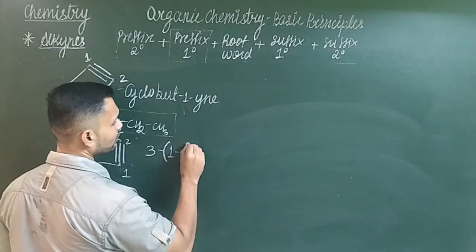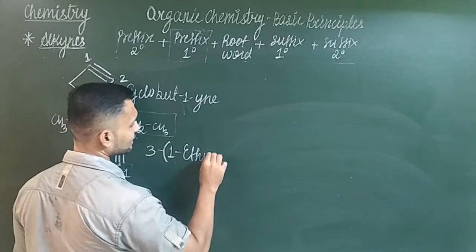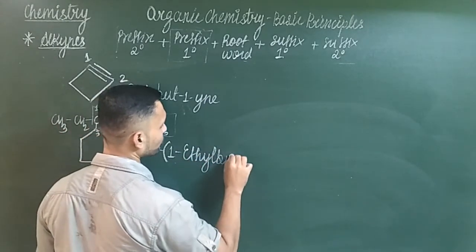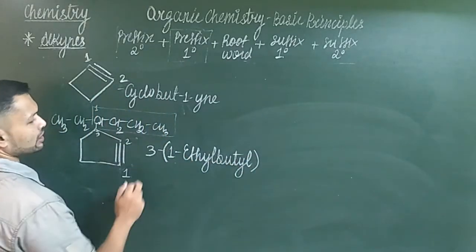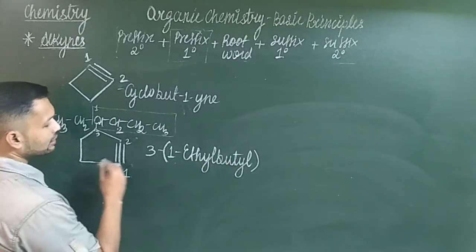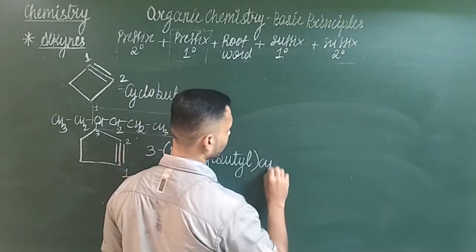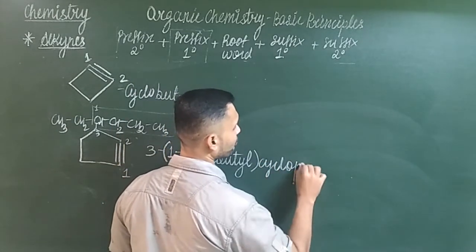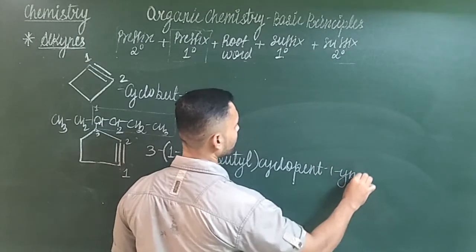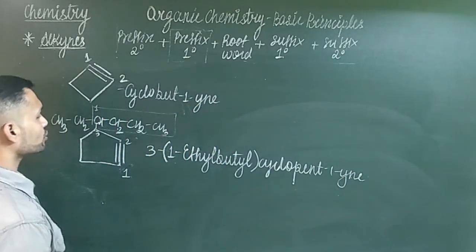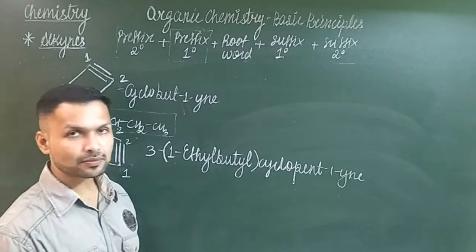It should be 1 ethyl butyl. 1 ethyl butyl, because this is a 4 carbon chain. 1 ethyl butyl. This goes as cyclopent 1-ine. Cyclopent 1-ine. So this should be the name of the substituent.